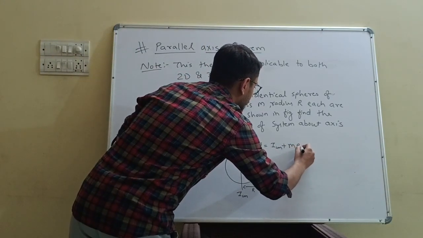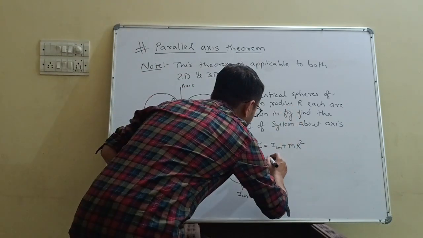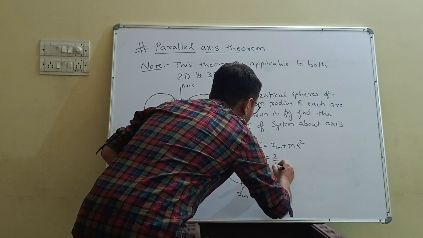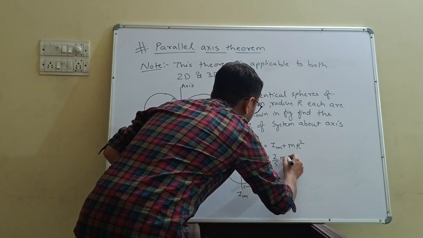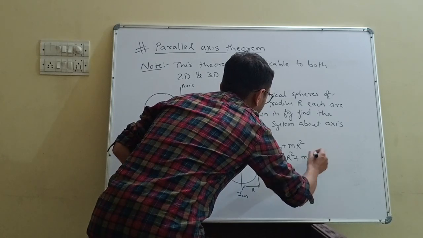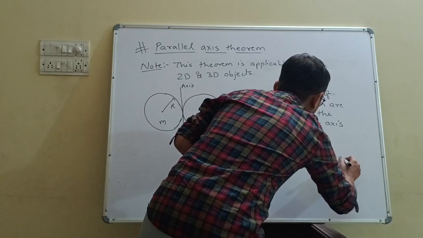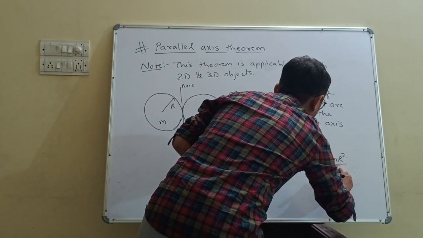What is the value of ICM? It is 2 by 5 mr square plus mr square. So this will become 7 mr square by 5.